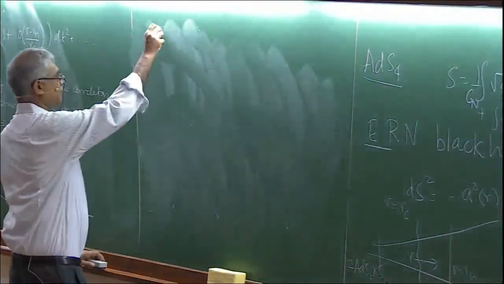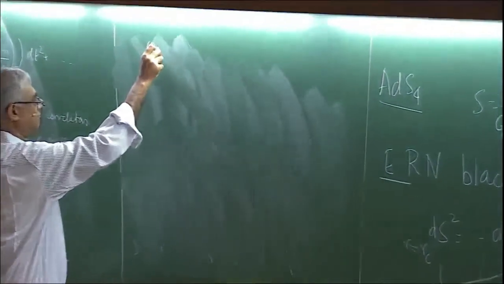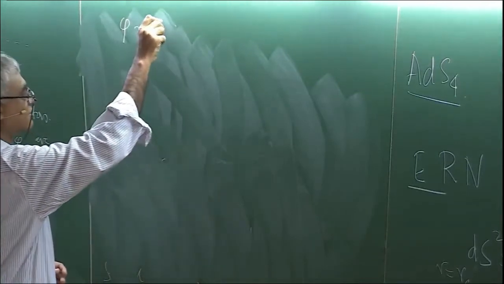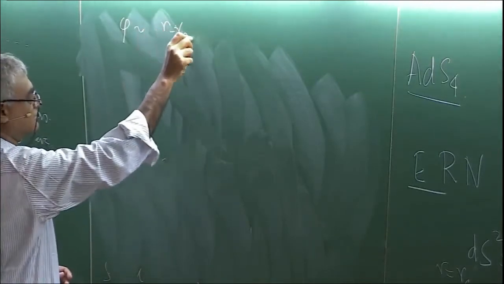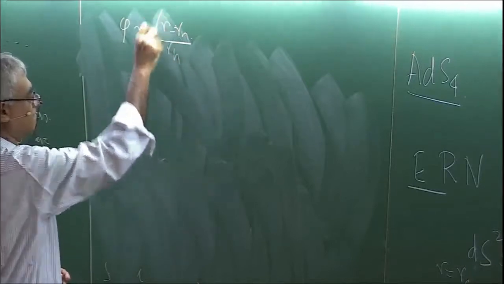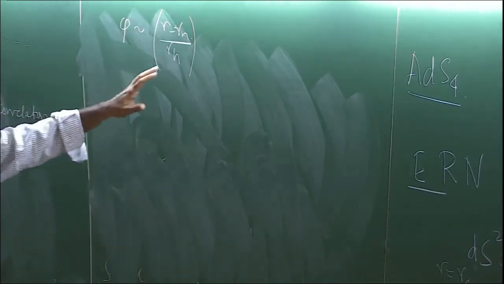So if I look at the deviations from the radius at the horizon, these deviations go linearly in this radial coordinate away from the horizon.